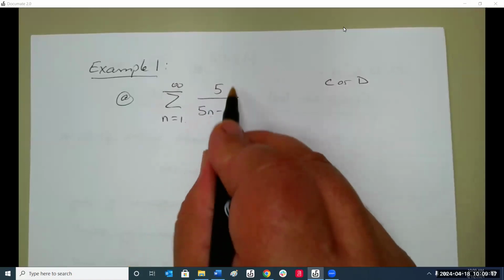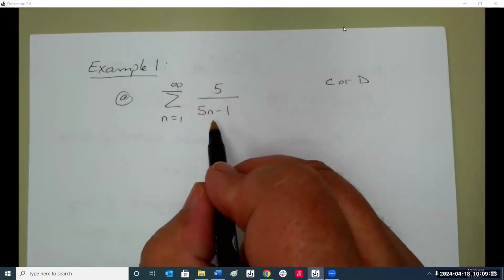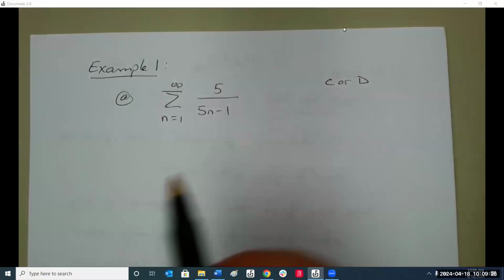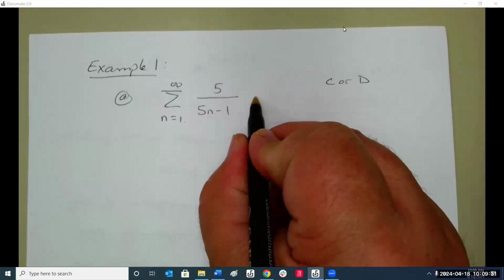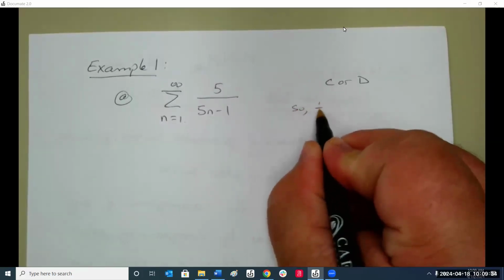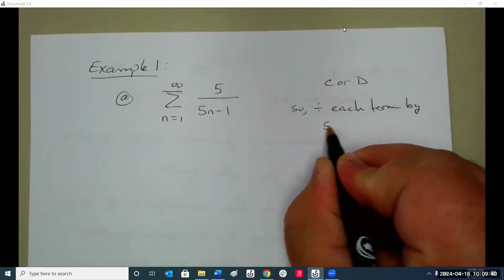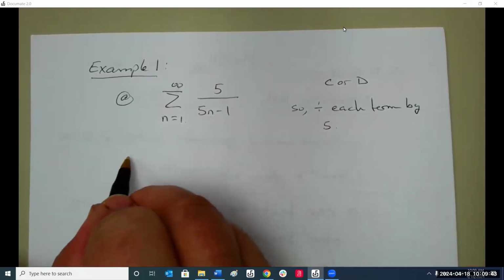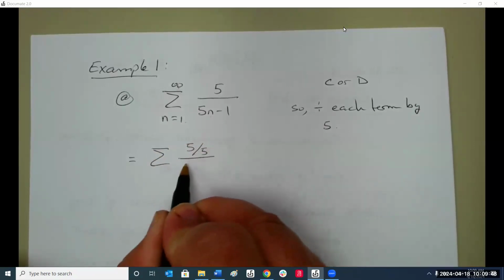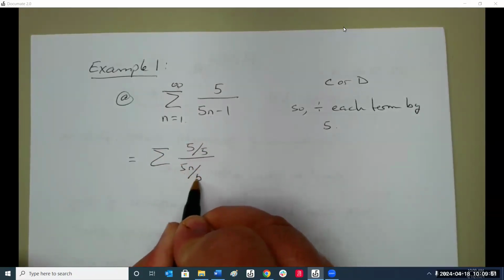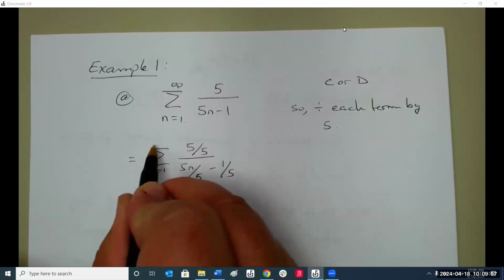So, as n goes to infinity, dividing each term by 5, since there's only one n in there, we get 5 divided by 5, 5n divided by 5, so 1 over n minus 1 over 5, summed from n equals 1 to infinity.